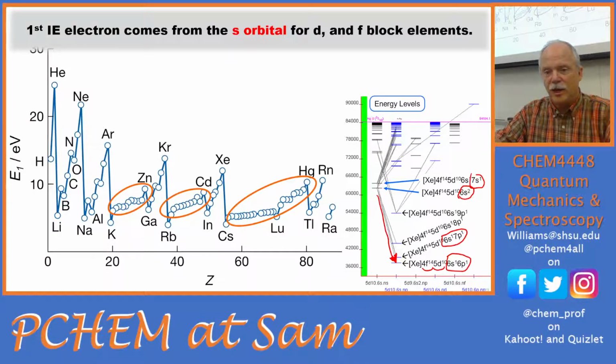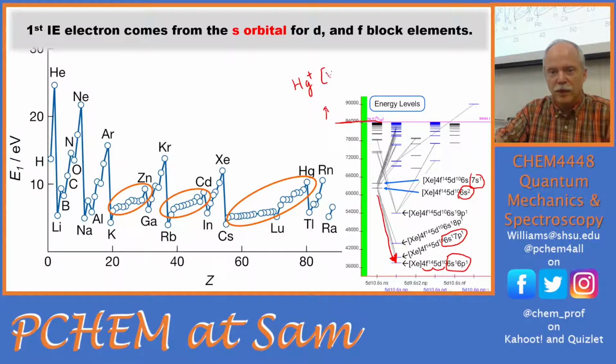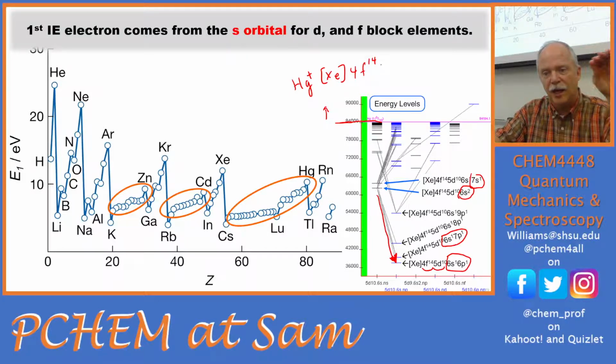So right here, once you get past this ionization limit, then up here we have mercury that's ionized. And so that has the xenon core, 4f14. It really doesn't matter that these are in a different order than the alphabet filling scheme.